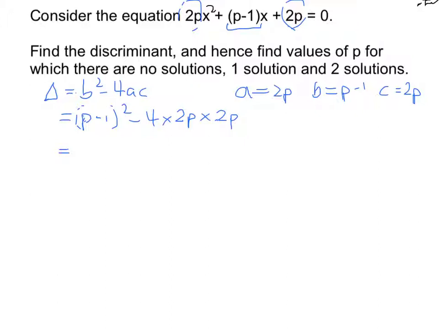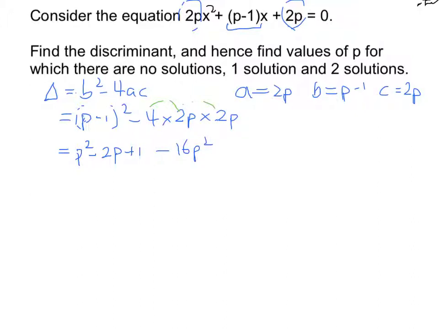This will be equal to p take away 1 all squared, which if we expand out becomes p squared take away 2p plus 1, and then we multiply these numbers together. 4 times 2 times 2 is 16, so that'll be take away 16p squared.